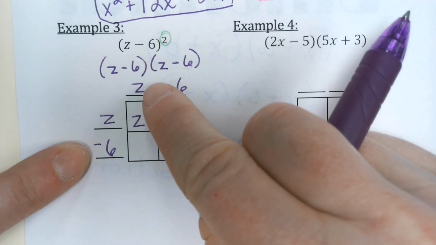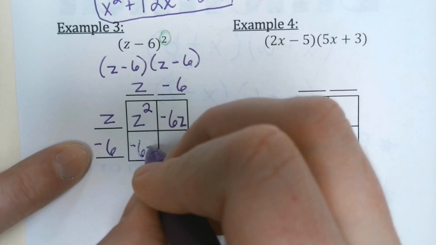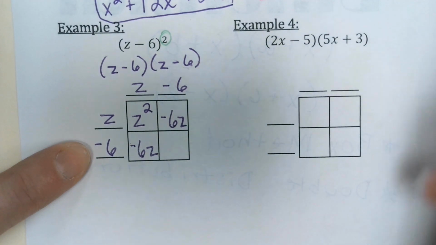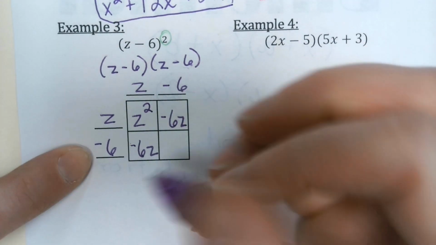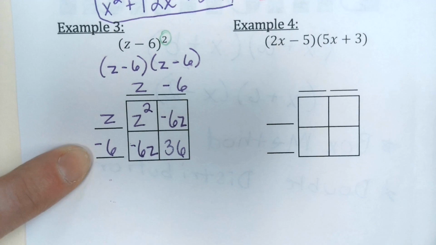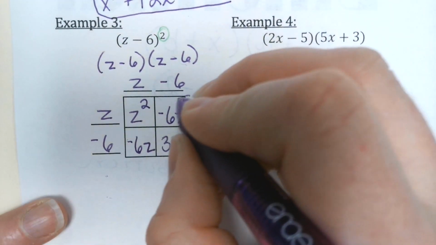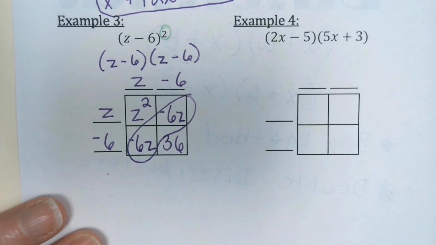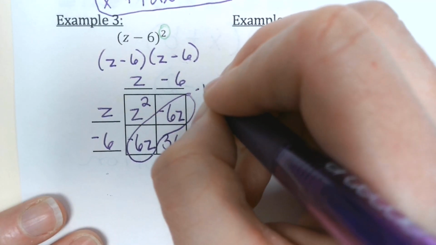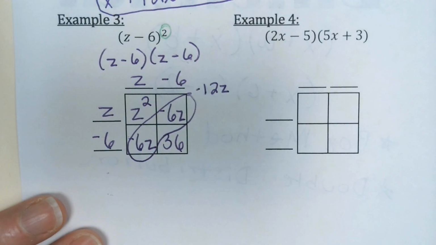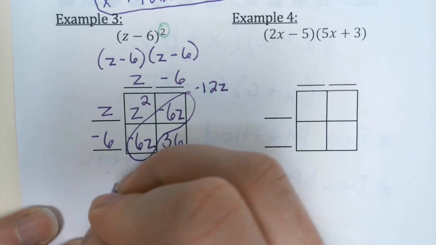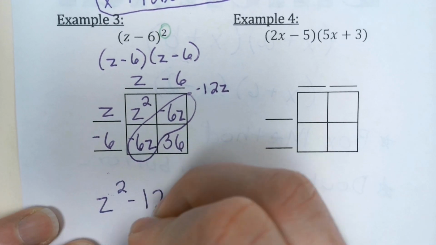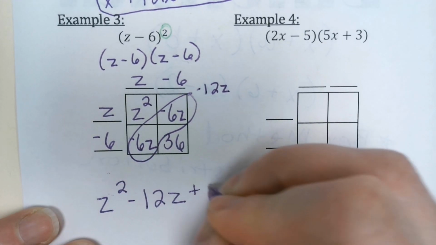Negative 6 times z, negative 6z. Negative 6 times negative 6 is a positive 36. So whenever I add these, I have a negative 6 plus a negative 6, which gives negative 12z. So when I write my final answer, I do the z squared minus 12z plus 36.